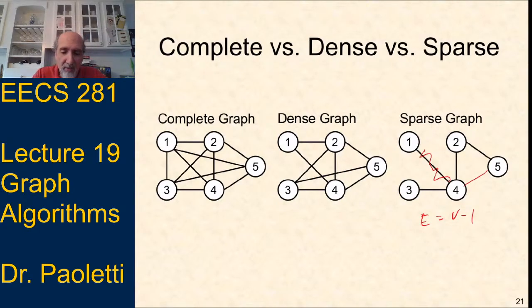But if we have the right edges in our graph and we have V minus 1 edges, we can have a connected graph. And that's as sparse as it can be and still be connected. If we had fewer edges than that, it would, by definition, have to be disconnected. But it would still be a sparse graph. I'm drawing with my finger.